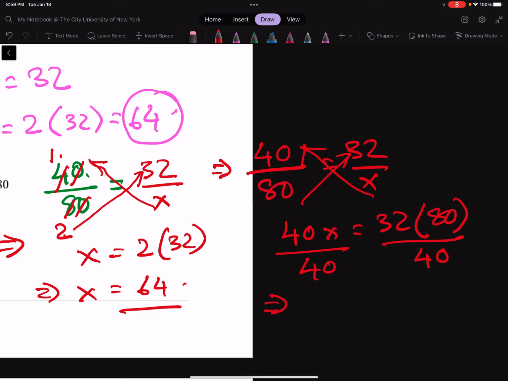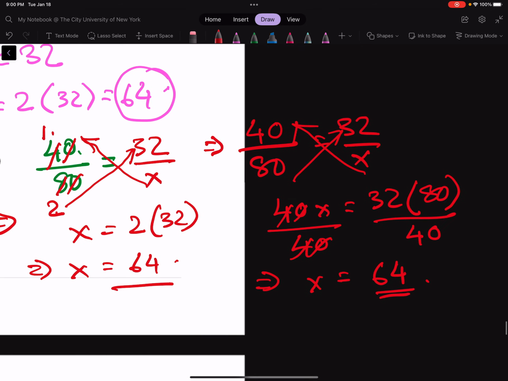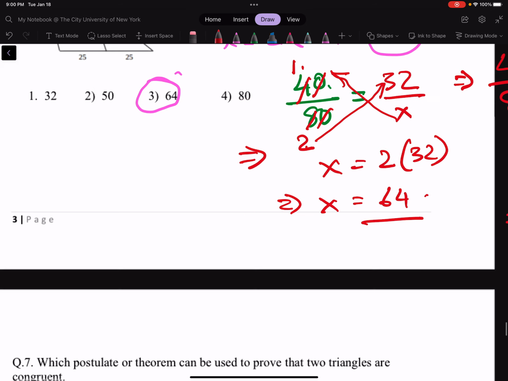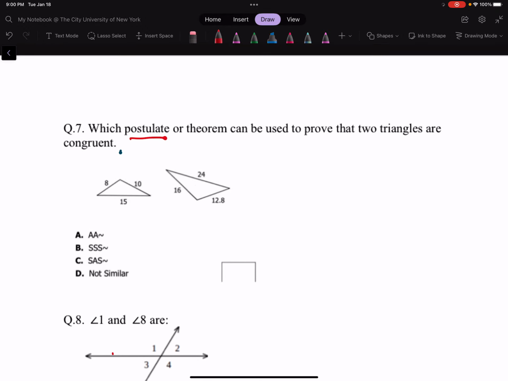So now 40, 40 cancels out x. Once you divide them, you should be getting 64. Multiply 32 with 80 and get this one. Put it in a calculator, you get these values. So this is 64. And in number 7, which postulate or theorem can be used to prove the triangles congruent?